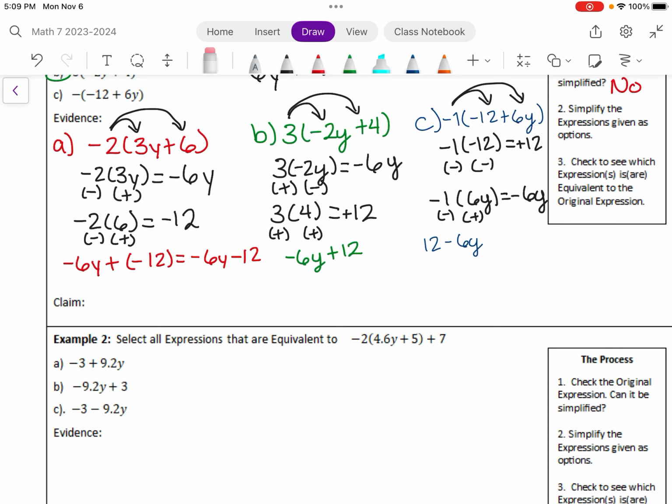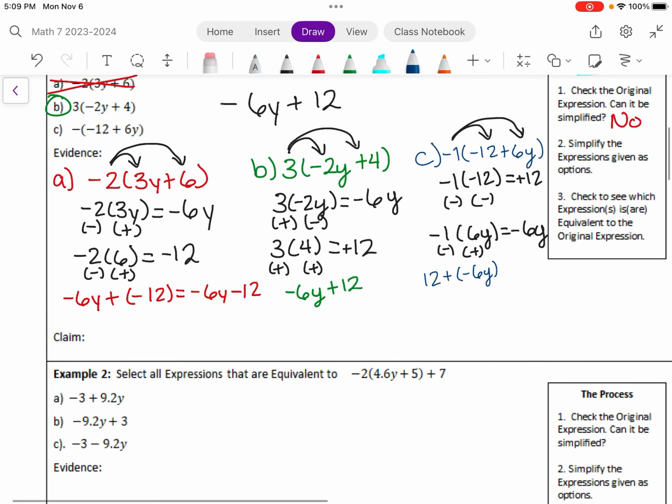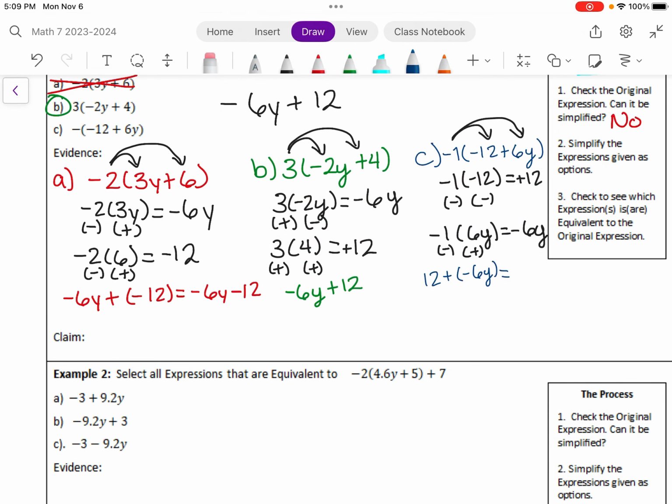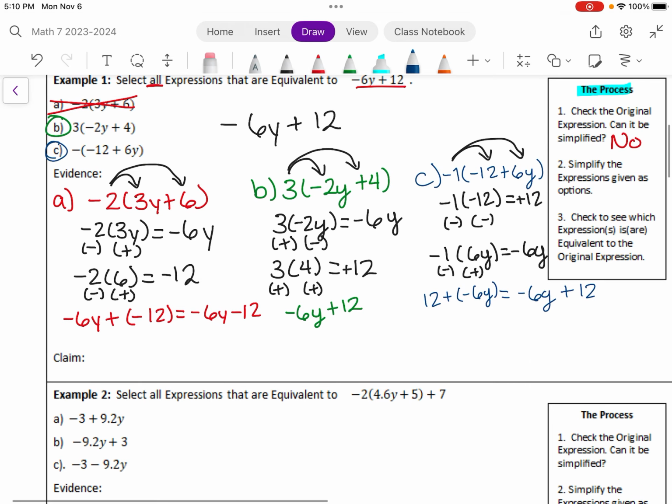Or better yet, I have 12 plus negative 6y. Okay? That doesn't exactly look like my answer, but it does have a positive 12 and a negative 6. This is also equal to negative 6y plus 12. They mean the same thing. So looking at it like this, they are equal to each other, which means my C is also an equivalent expression.